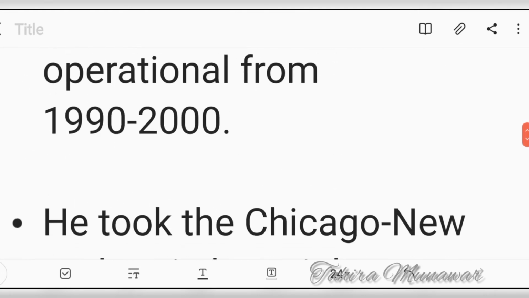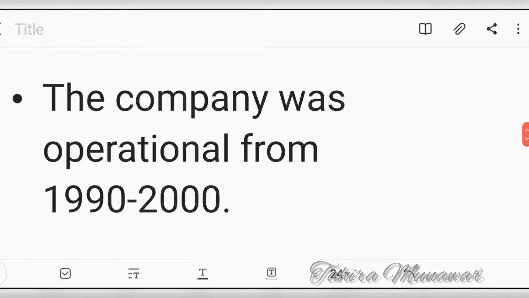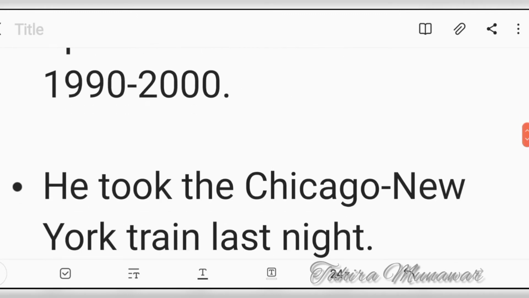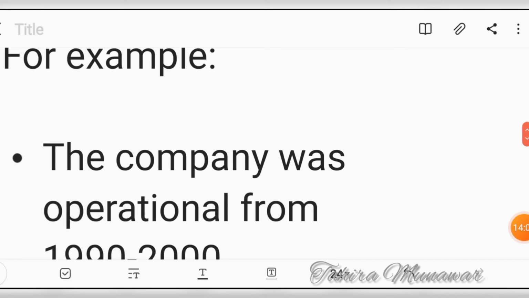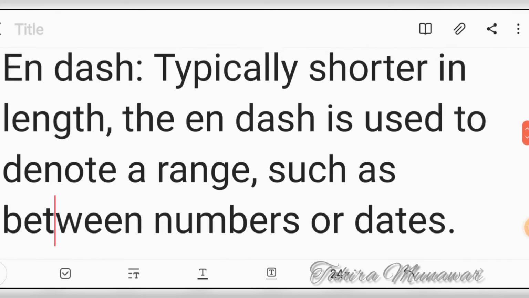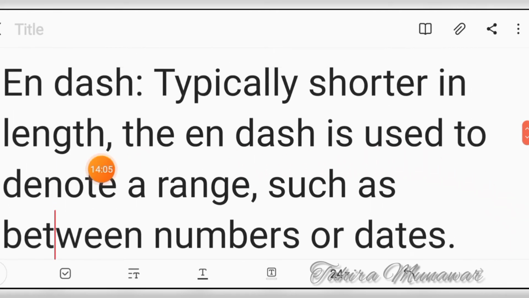For example, the company was operational from 1990 to 2000. He took the Chicago–New York train. So the en dash is used to denote a range, such as between numbers or dates, right?